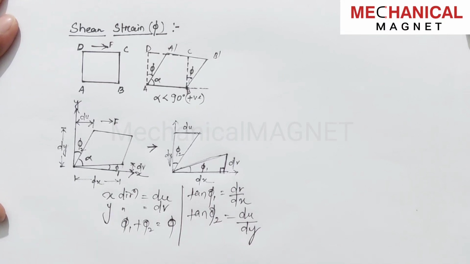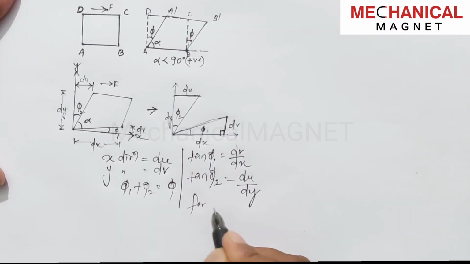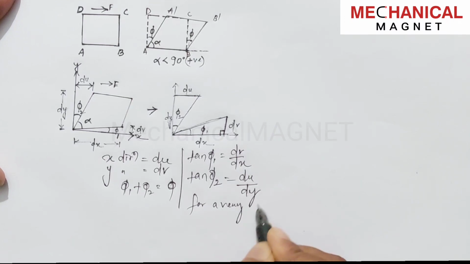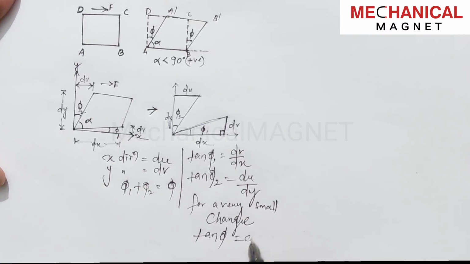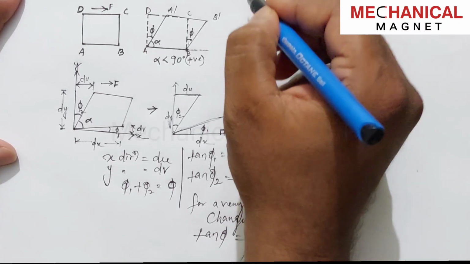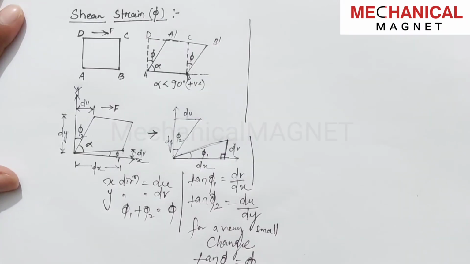Here we are considering a very small change, so we can write tan phi is equal to phi. We already know phi is equal to phi 1 plus phi 2.